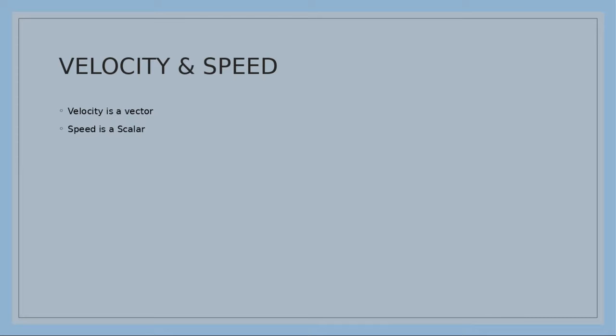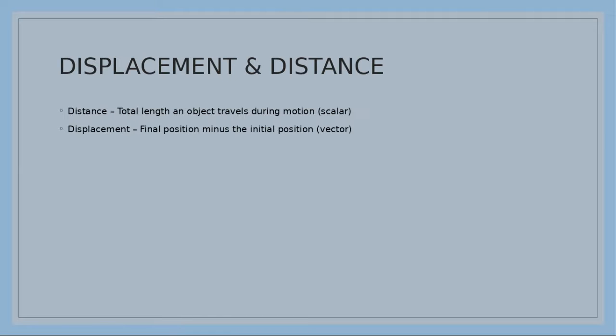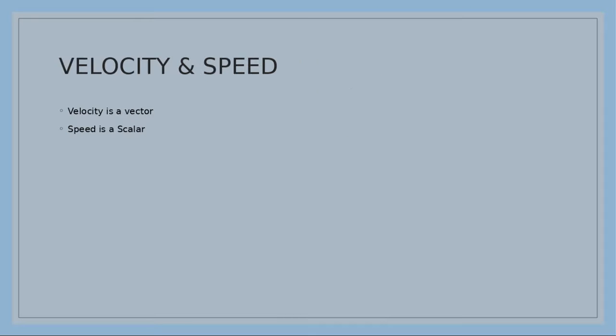Just to quickly recap, because there's still a few people rolling in, we're talking about kinematics, which is basically how an object moves. A moment ago we talked about displacement and distance, and now we're talking about velocity and speed. Oh, you asked what I wrote in red, right? What I wrote in red was speed.